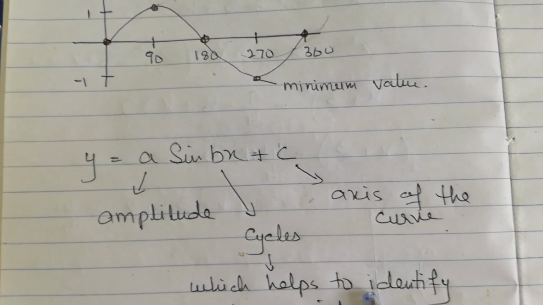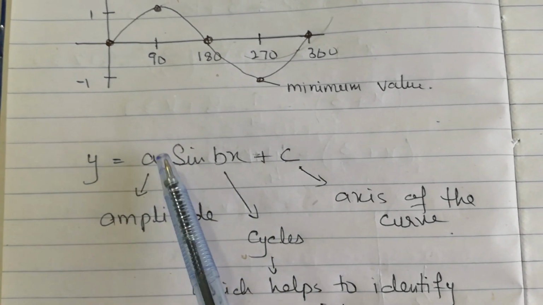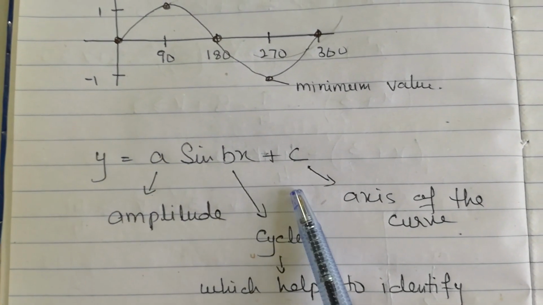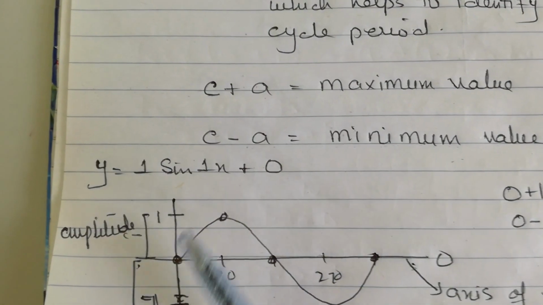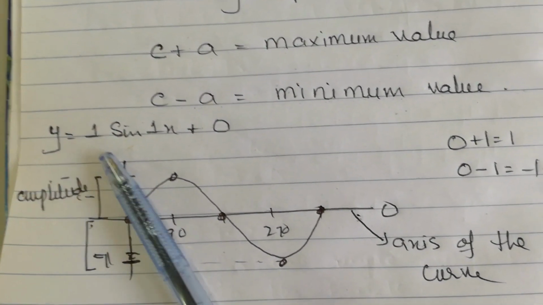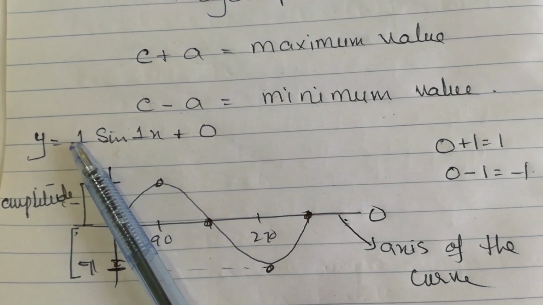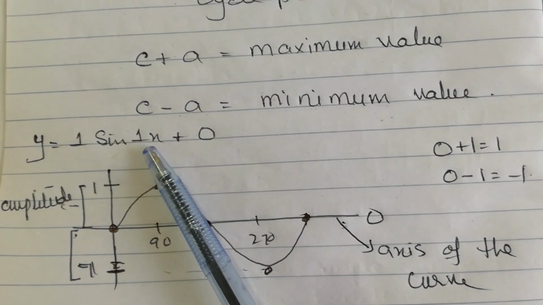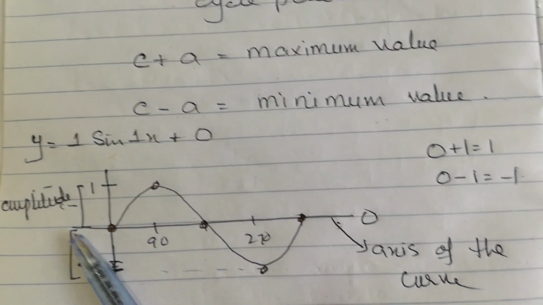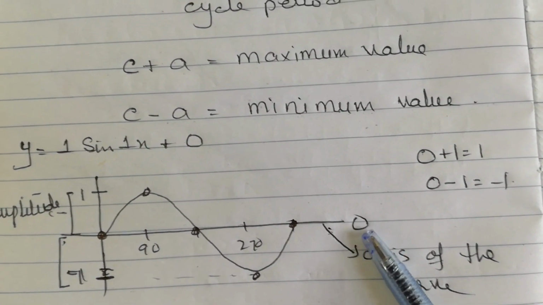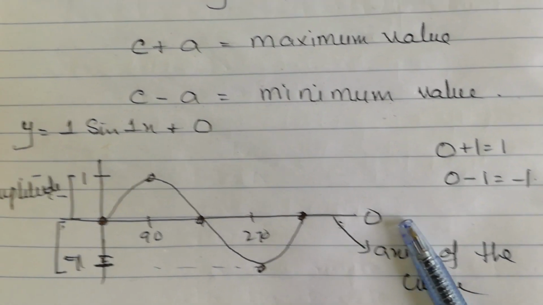Now to find the maximum value, you add c plus a. To find the minimum value, you do c minus a. Now see, the first sketch we have done is y equals sin x. There was no axis of the curve, so it was 0. My x-axis is basically my axis of the curve in this case.